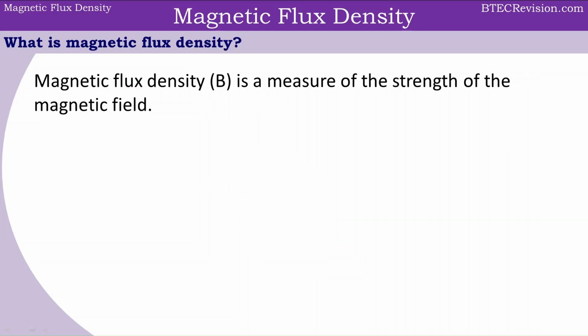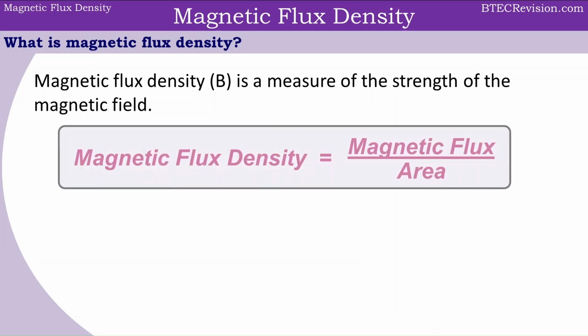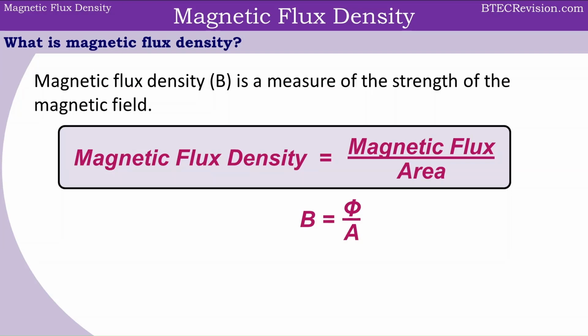Next, we can look at magnetic flux density, which is a measure of the strength of the magnetic field and can be calculated using this equation. Magnetic flux density equals magnetic flux divided by area. And the short form is B equals phi divided by A, where A stands for area and is measured in meters squared.